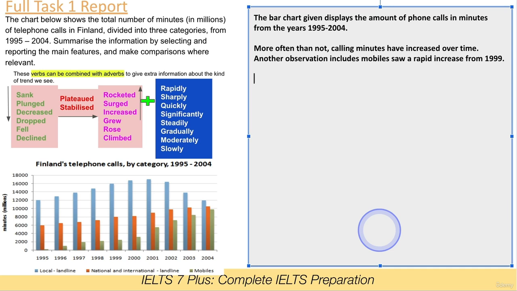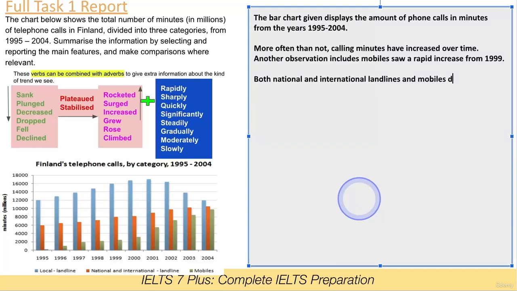So let's get stuck into our group 1. We're going to go with our national and international landlines and mobiles, so the orange and green down here. Okay, so they follow a similar pattern, and let's describe that now. Both national and international landlines and mobiles saw an increase.